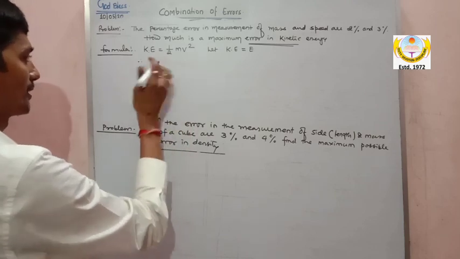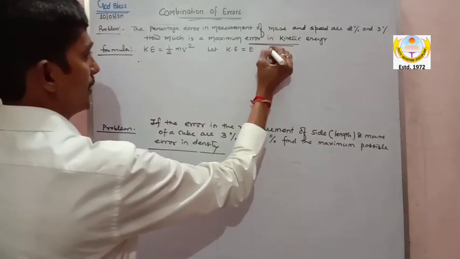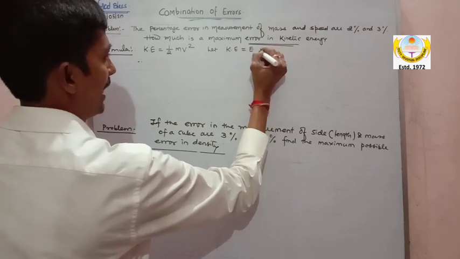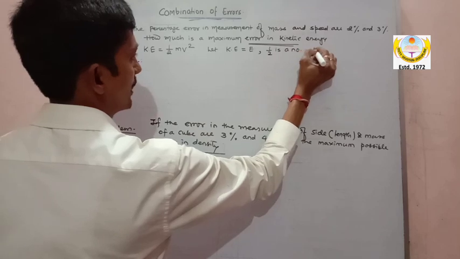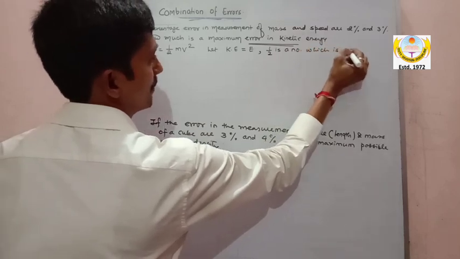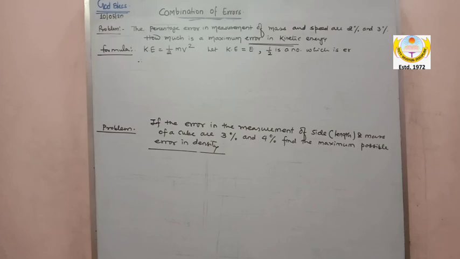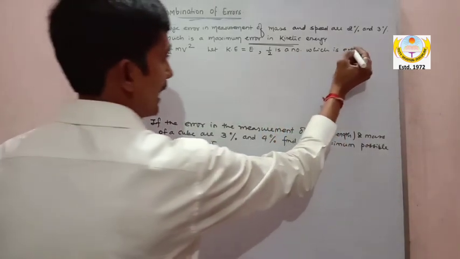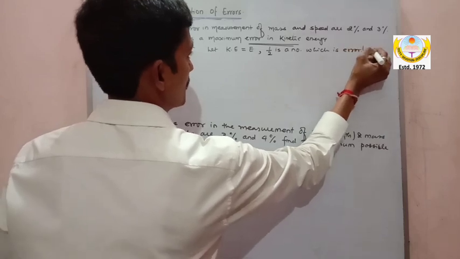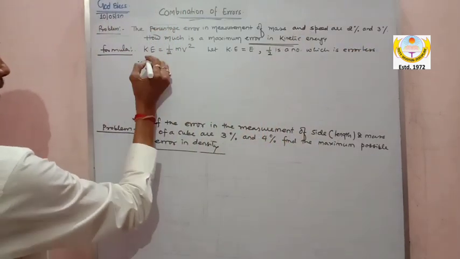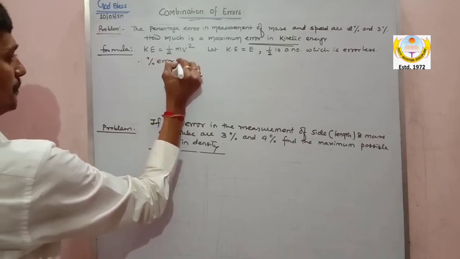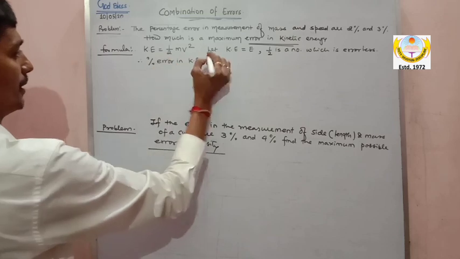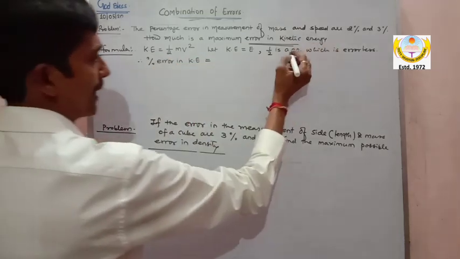So I can write, let kinetic energy be E, and half is a number which is errorless. So now, my dear, this is percentage error, therefore percentage error in kinetic energy is equal to, half is a number, it is errorless, I will keep it out.